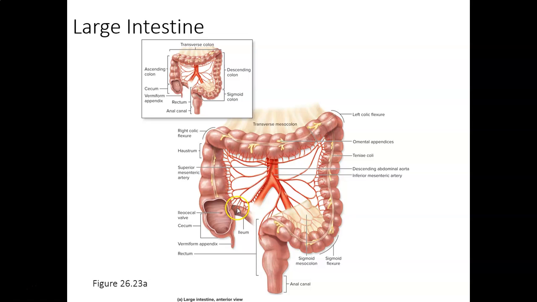Ileum connects with the cecum through the ileocecal valve. And then you have the ascending colon, and then the transverse colon, and the descending colon, and the sigmoid colon because it's curved. And the last part is the rectum, before it ends at the anal canal.